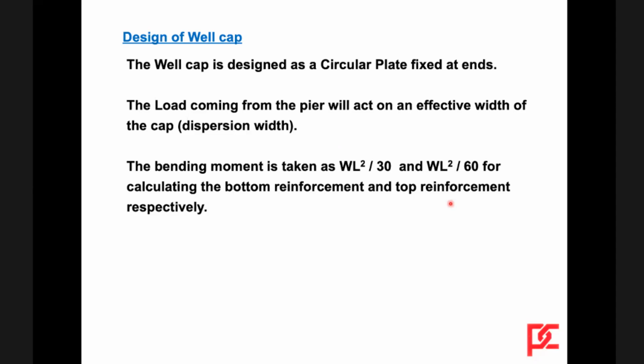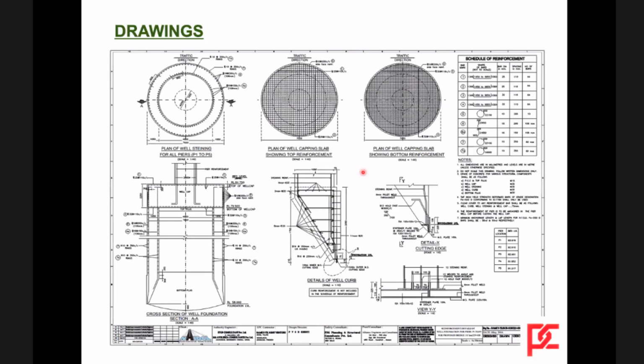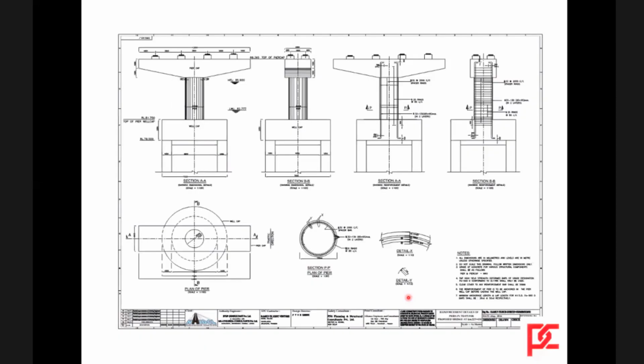Then this is how the steining reinforcement is kept, and the well cap reinforcement, and then cutting edge details and all are given here. Then this is the drawing for that.